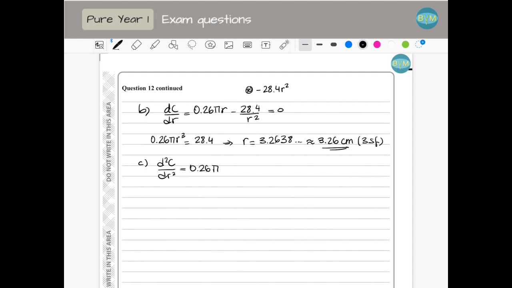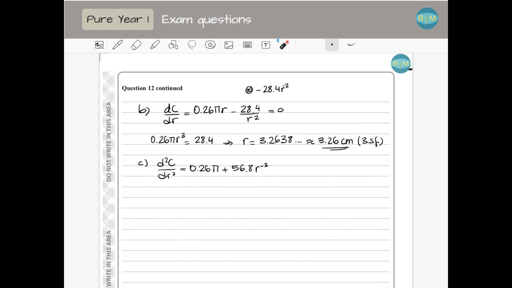So when I differentiate that, I have minus 2 times minus, which becomes positive, and double the constant, r to the minus 3. And this is going to be positive for any value of r.